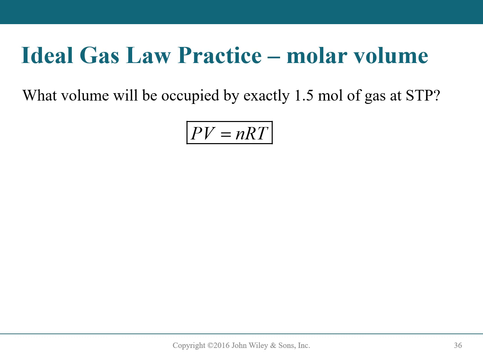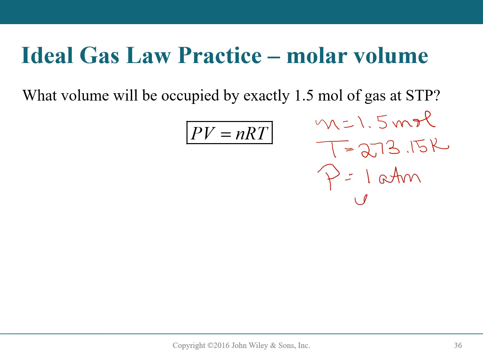Okay, let's do one more. So we want the volume occupied by n equals 1.5 moles of gas at STP, so we know the temperature is going to be 273.15 Kelvin. Our pressure is exactly 1 atmosphere, exactly.